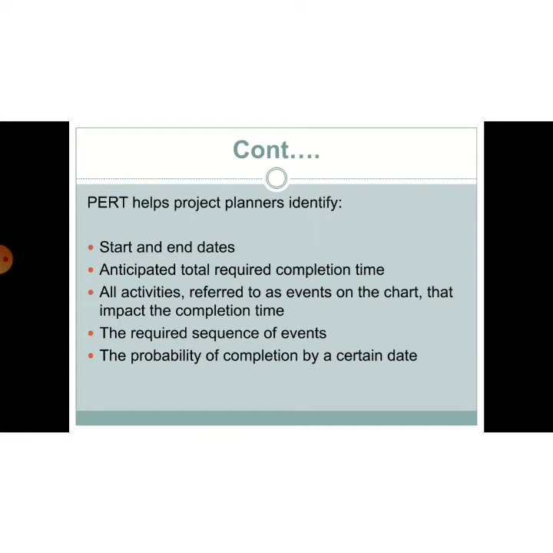Now, PERT helps project planners to identify start and end dates, anticipated total required completion time, all activities referred to as events on the chart that impact the completion time, the required sequence of events, and the probability of completion by a certain date.